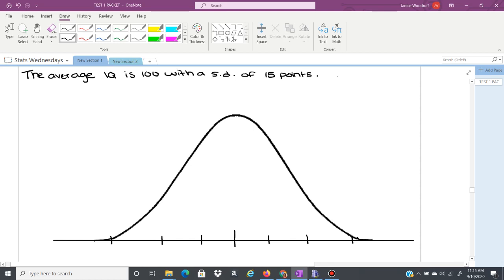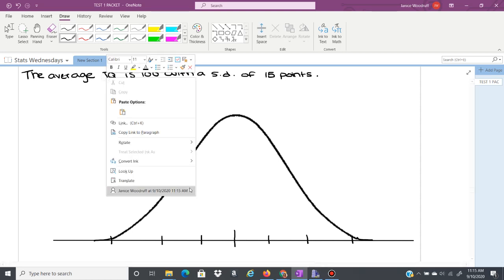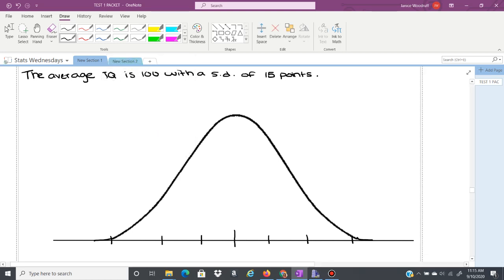I don't know if you have ever taken an IQ test or had a child take one, but they'll show you this normal curve and say this is where you are on the curve, with your percentages.